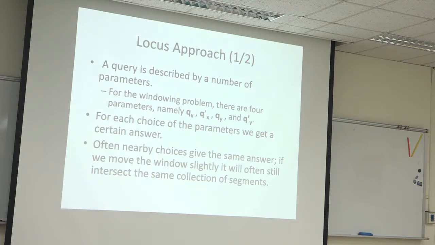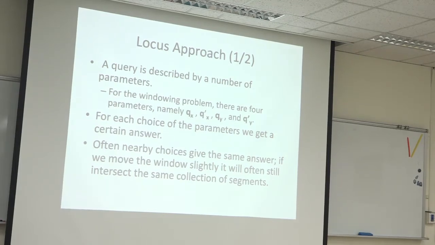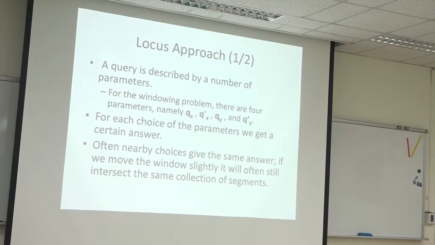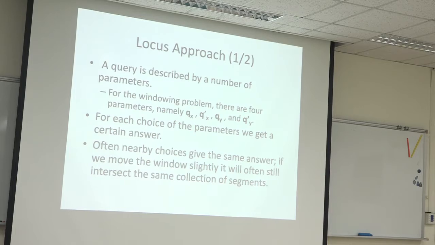In other words, if your problem has certain parameters, and a little bit of change in the parameters gives you a similar answer, then the idea of the locus approach can be used. If we move the window slightly, just a little bit, it will often still intersect the same collection of segments.